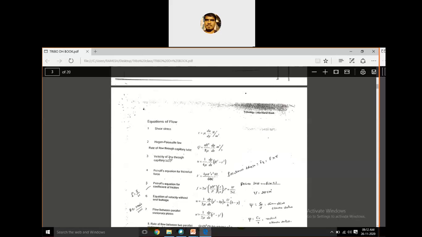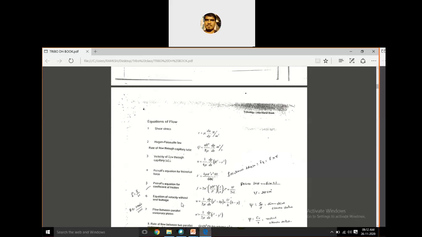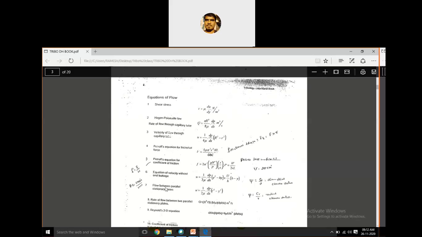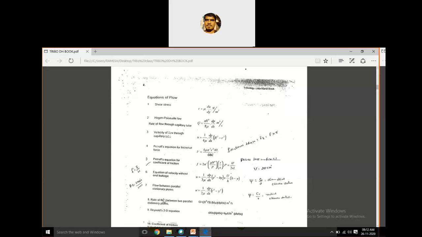Flow between parallel plates: the first one is the velocity. You don't take velocity here, we need the flow. So the eighth equation: rate of flow between the two parallel stationary plates.